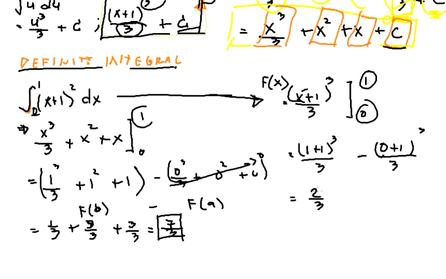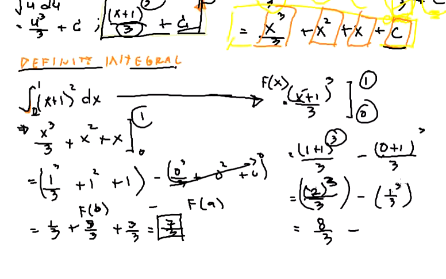I have seen something wrong here. The numerator is the only one with the power of 3. Okay, so here 0 plus 1 is 1 over 3. So 2 cubed is 8 over 3 minus 1 cubed is just 1 over 3. So we have 8 minus 1, which is just 7 over 3.